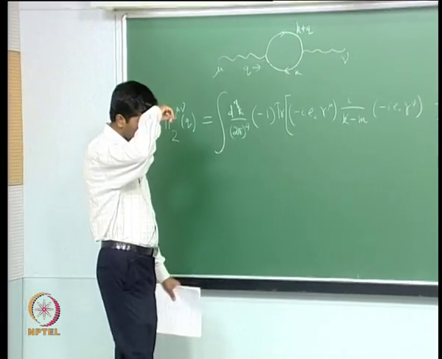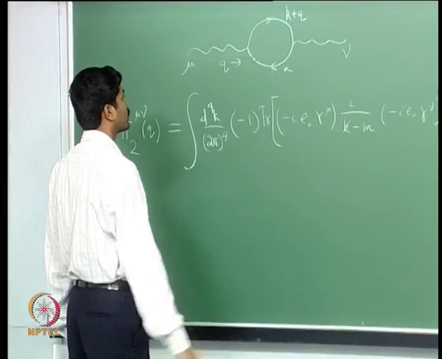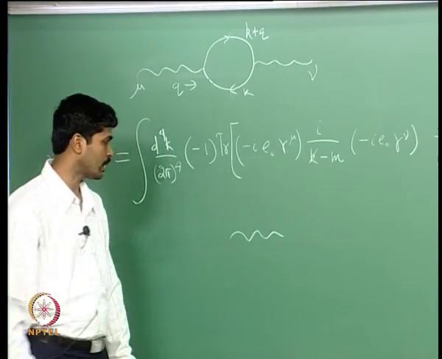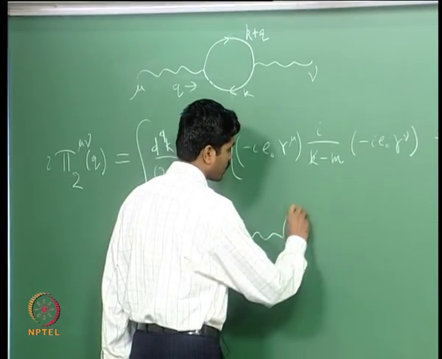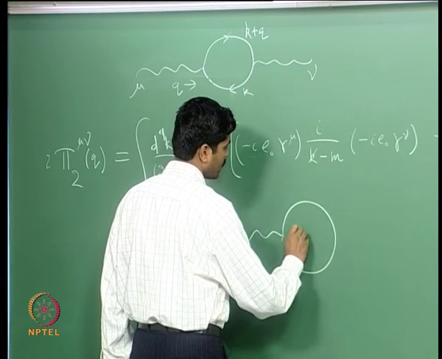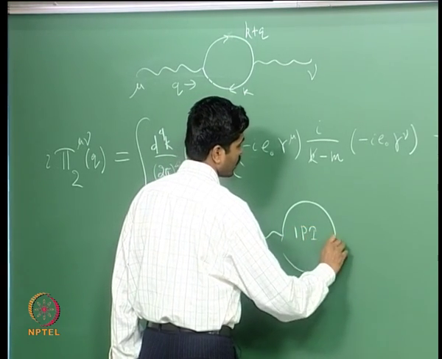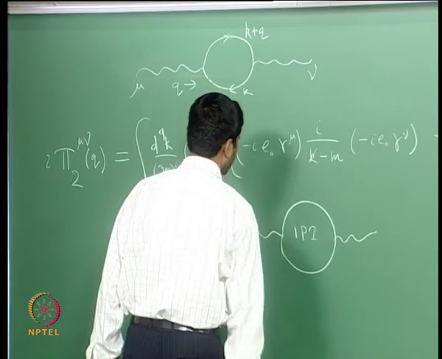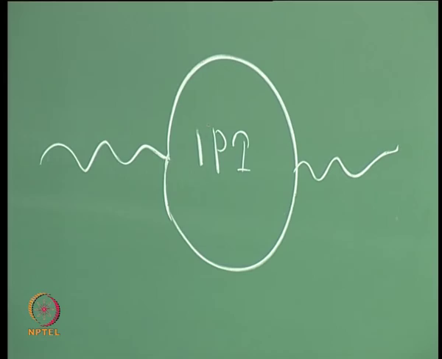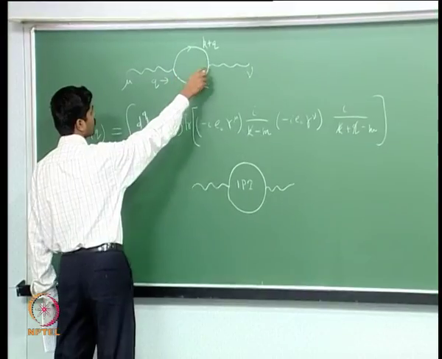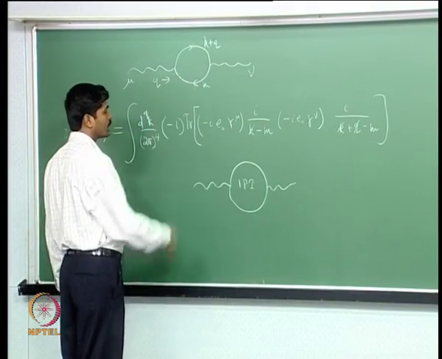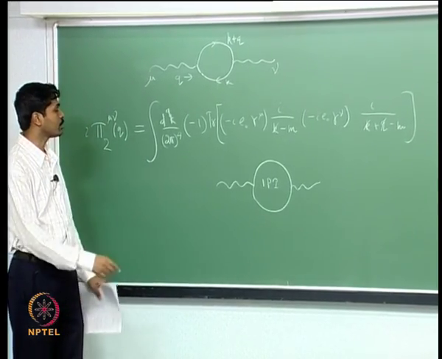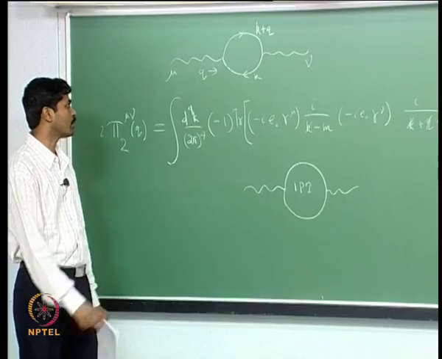As usual, we will denote all the one particle irreducible diagrams like this. I will write here 1PI. These are all diagrams which are irreducible, in the sense that if you remove any one of these internal lines, the diagram is not separated into two parts.